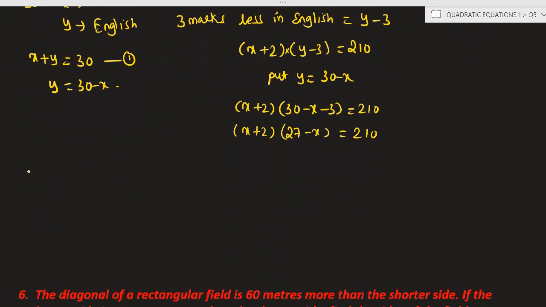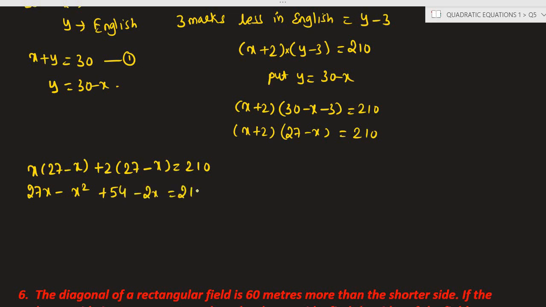How will we solve this? X into the bracket 27 minus X plus 2 into the bracket 27 minus X is equal to 210. This is 27X minus X square plus 54 minus 2X is equal to 210.